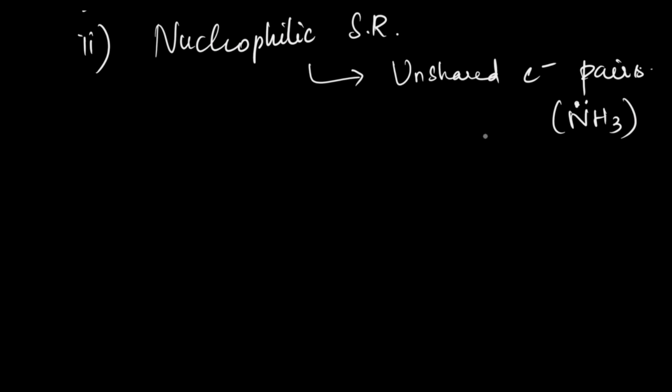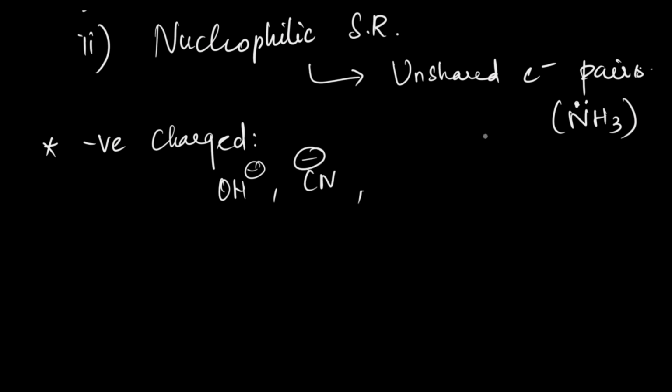Any other nucleophiles we encounter in reaction mechanisms? Yes. There are three types of nucleophiles. The first type is negatively charged. Of course it would be negatively charged because they are electron rich. For example, you can take OH minus, CN minus. These are some famous nucleophiles. Of course the halides, Cl minus, F minus, I minus, Br minus, and so on.